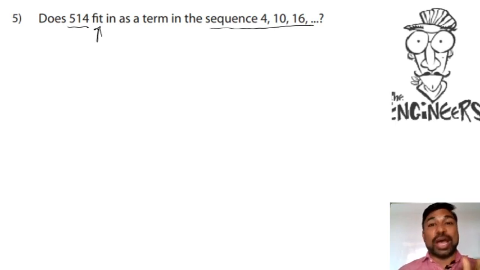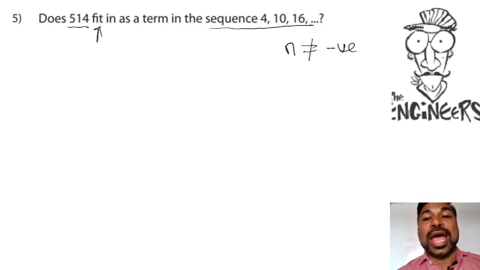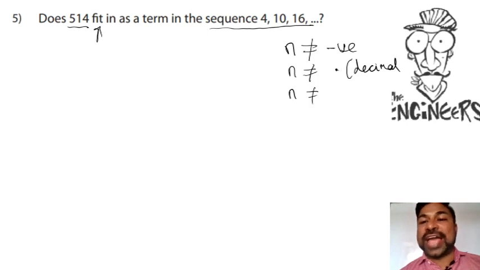Please remember, the term means we are working on the roll number. Roll number means n, position number. And I have given the logic just now: roll number can't be a negative one, can't be a decimal, and can't be a fraction, something like numerator by denominator.